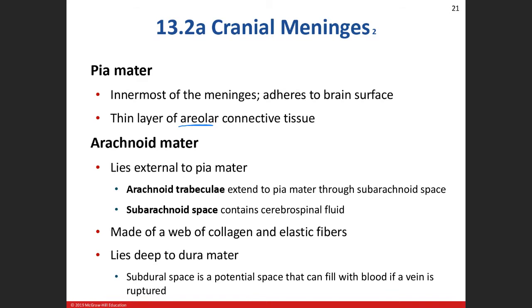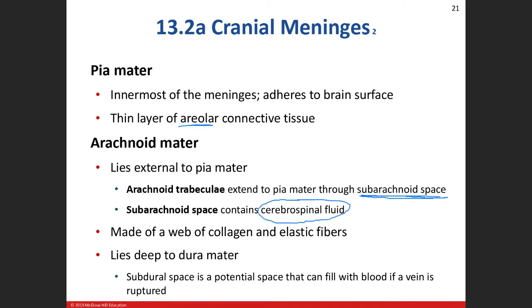The next layer is the arachnoid mater, the middle layer, so it lies deep to the dura mater, the outermost layer. In here we have a space called the subarachnoid space. This is clinically significant because in the subarachnoid space is where you find CSF, cerebral spinal fluid.